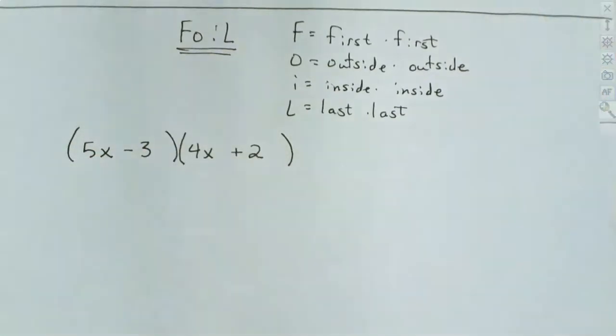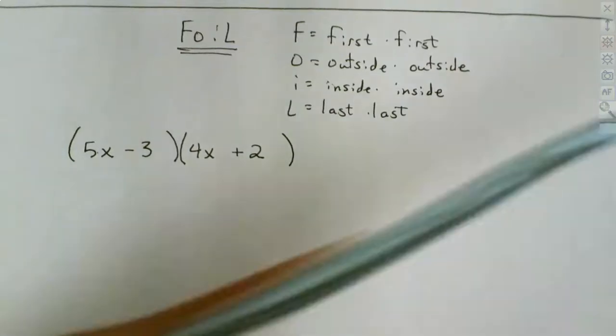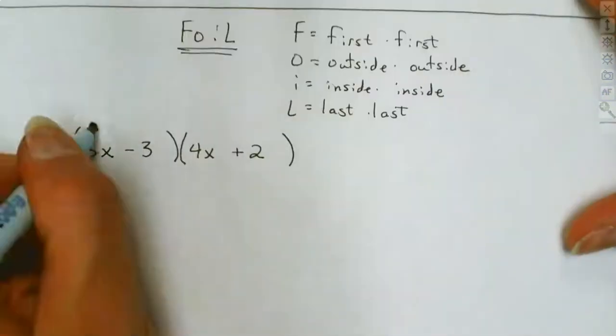So this is what we're going to work with first. So we're going to try this one. Now, 2 terms, right? Here. 2 terms here. That gives me 4 total, so I use the FOIL method. We use this a lot, so we need to make sure that we understand how to FOIL.